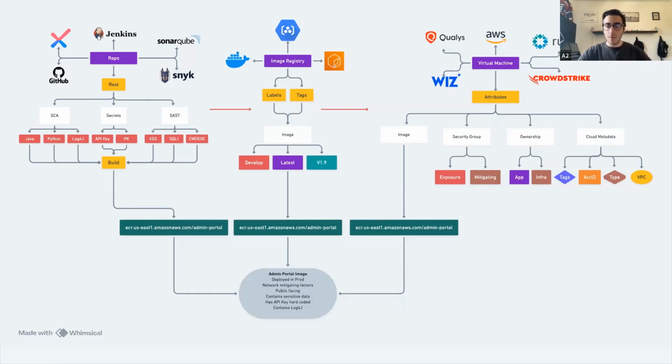Now we take that repo, and it goes through its life cycle of being built, whether in Jenkins or ADO or TeamCity. And now we're seeing scanners being plugged into the build process.